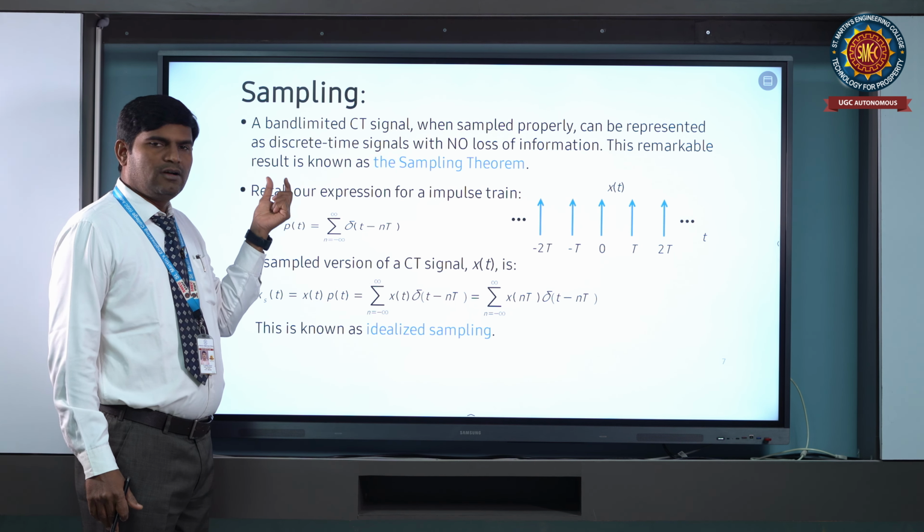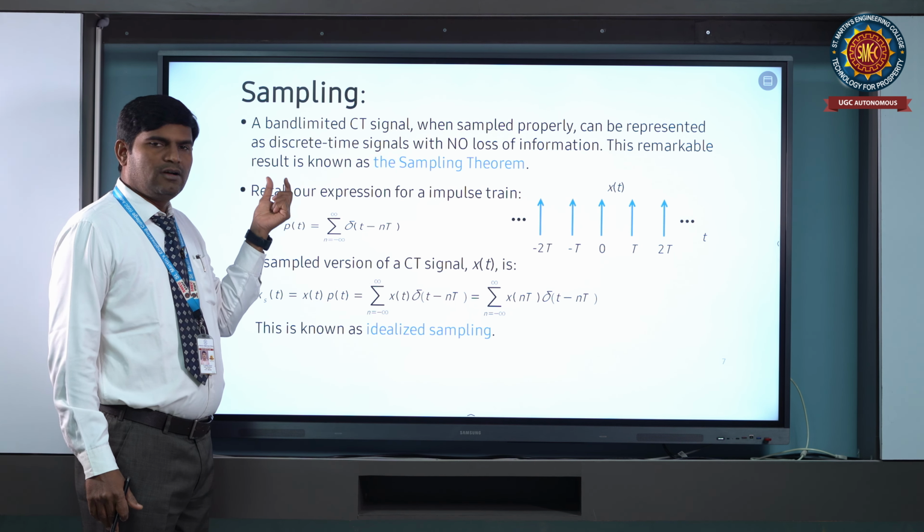Therefore the value of the exponential Fourier coefficient we get is 1 by T. So the complex exponential Fourier series representation of the given impulse train is P of t equal to summation k equal to minus infinity to plus infinity 1 by T into e power j k omega naught t. This is the train of impulses signal represented by the exponential Fourier series.